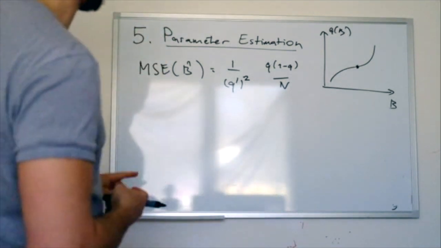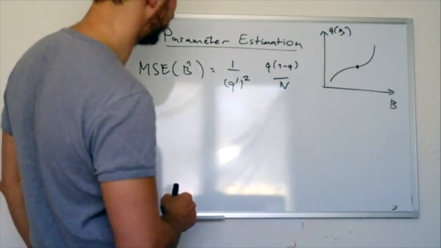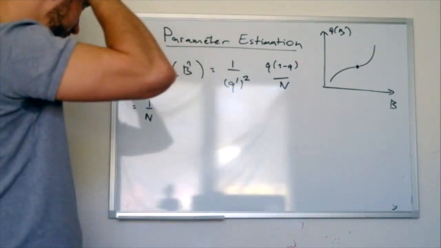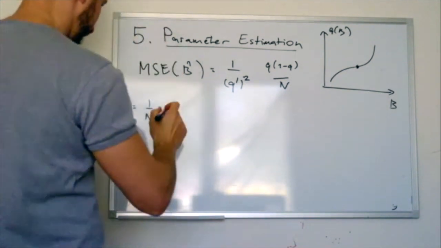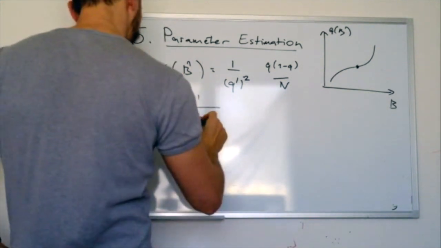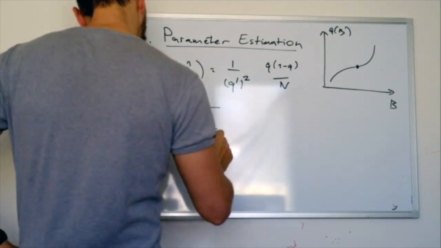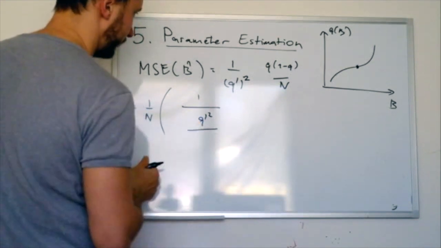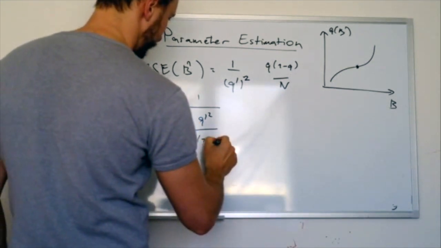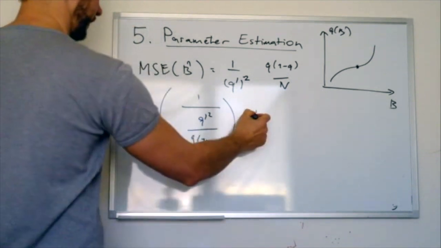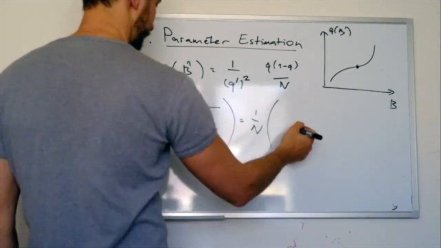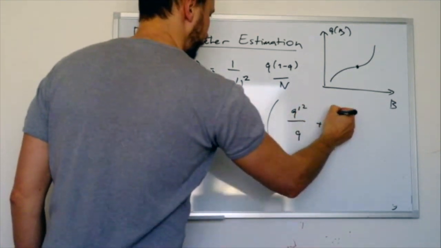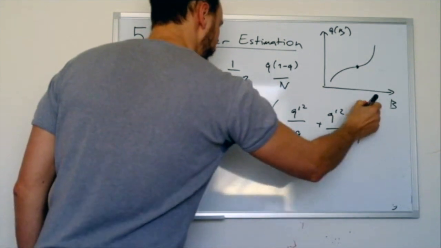Just one thing, I will rewrite it in another basis, because now we want to make the Fisher information appear here. So write it like this: 1 over n times 1 over Q prime squared over Q, 1 minus Q. And this is 1 over n times the inverse of Q prime squared over Q plus Q prime squared over 1 minus Q, all to the power minus 1, right?